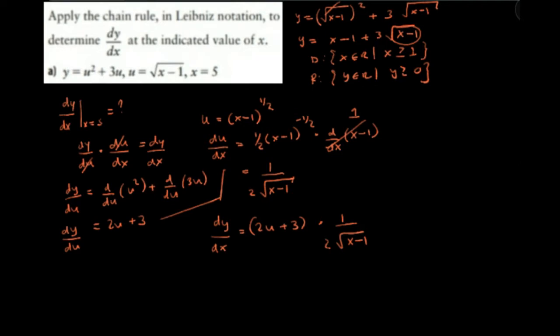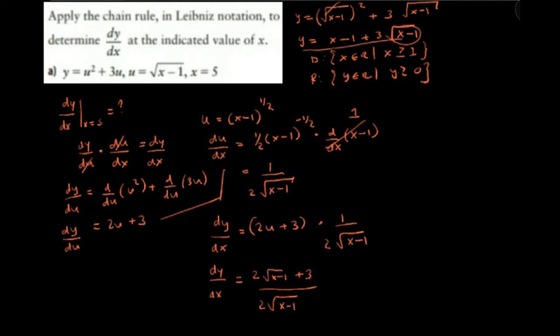In this case, what you want to do is substitute u for the square root of x minus 1. So you can write dy over dx is equal to 2 square root of x minus 1 plus 3, over 2 square root of x minus 1.